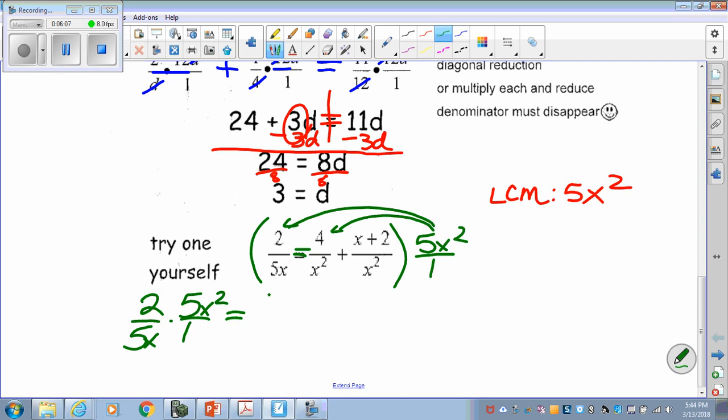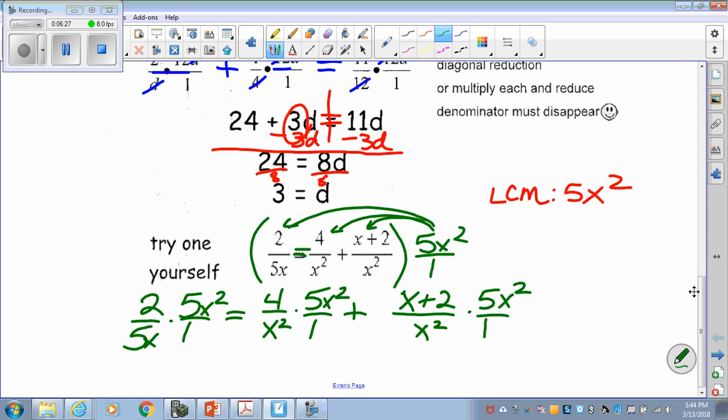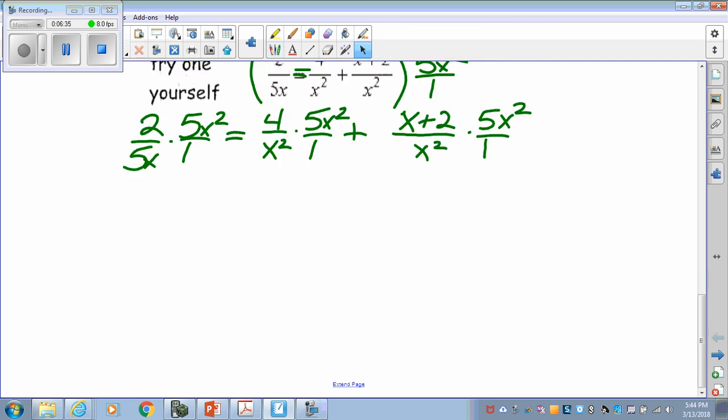So I have 4 over x squared times 5x squared over 1 plus, and then now I'm going to multiply by this guy, x plus 2 over x squared times 5x squared over 1. So, remember, if you can multiply, you can do anything.